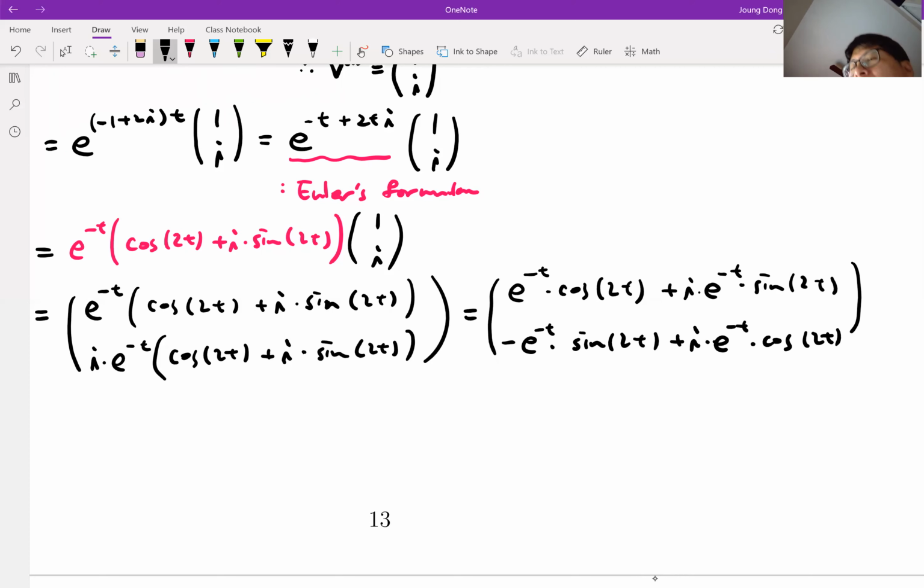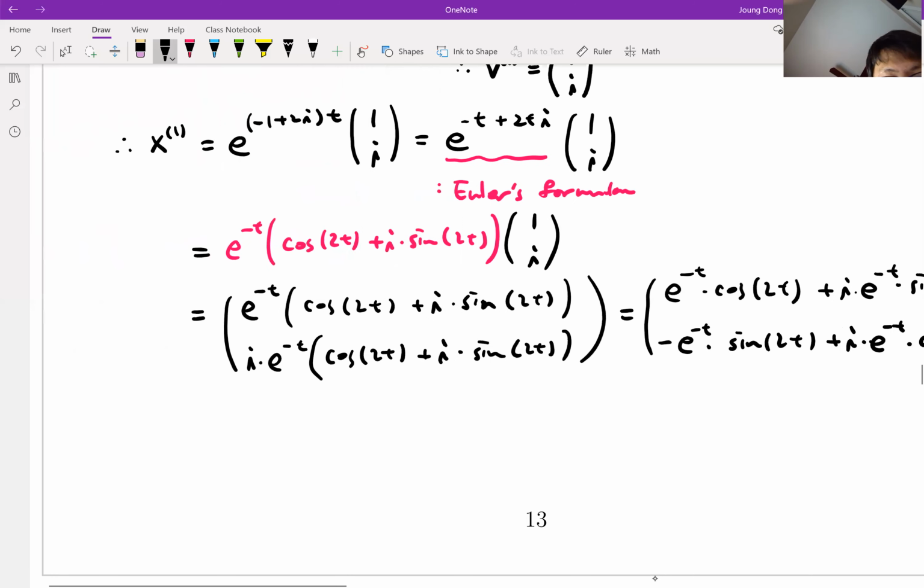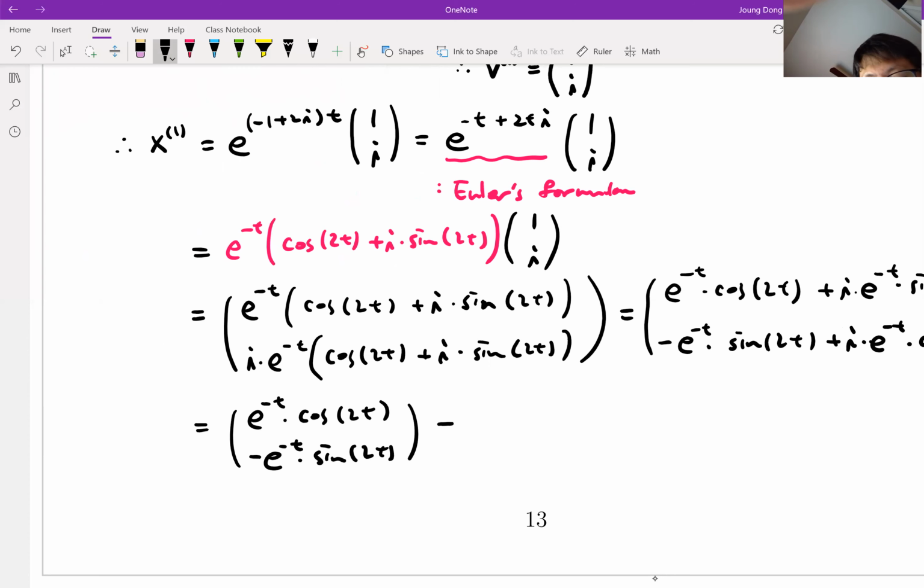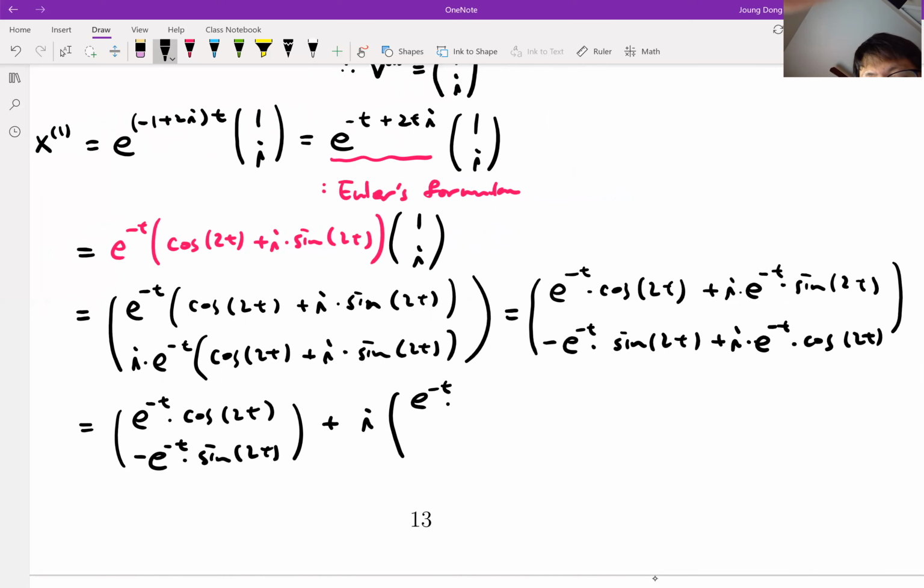Now let me separate this as two separate vectors with the real part only and the imaginary part. This is e to the minus t cosine 2t and minus e to the minus t sine 2t, plus i times e to the minus t sine 2t and e to the minus t cosine 2t.